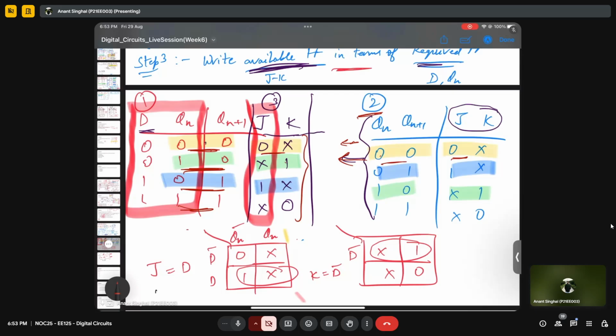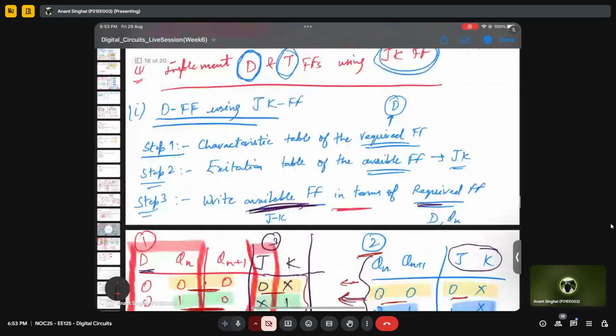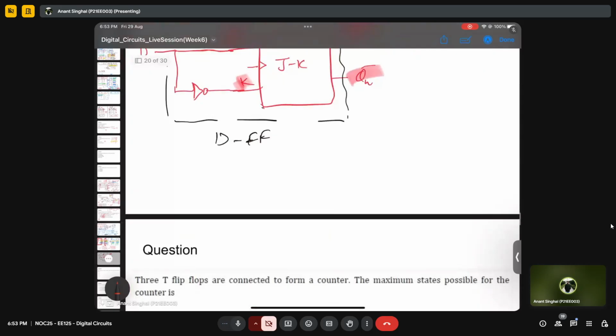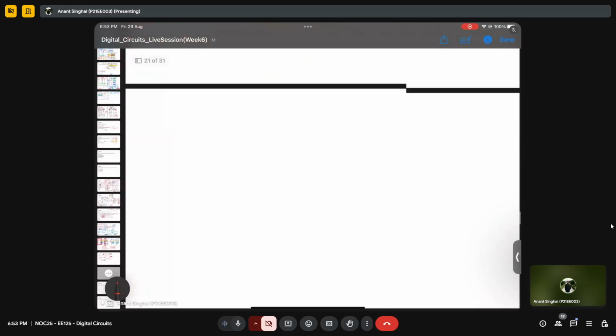Okay. So I made a D flip flop using a JK flip flop. So now can you try making a T flip flop using JK by yourself? Okay, let me do it very quickly because the steps will be the same.